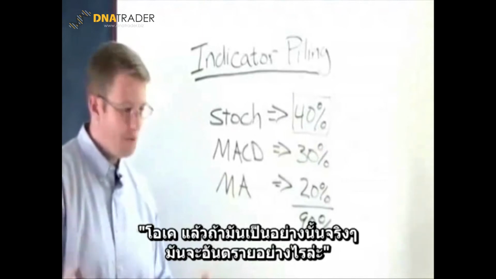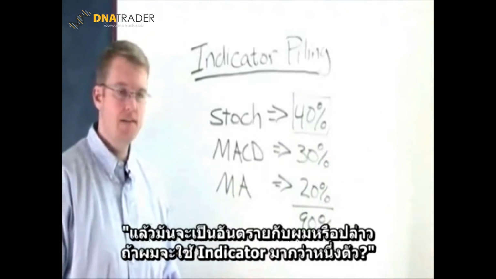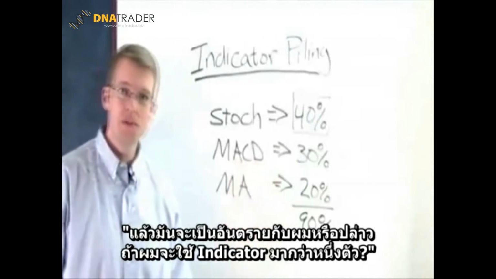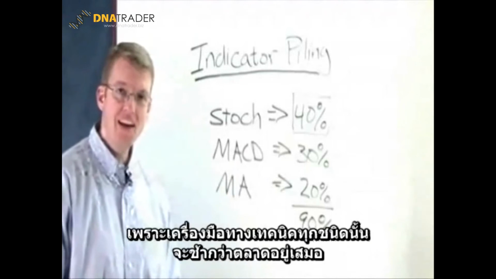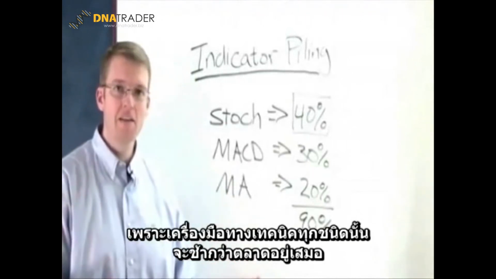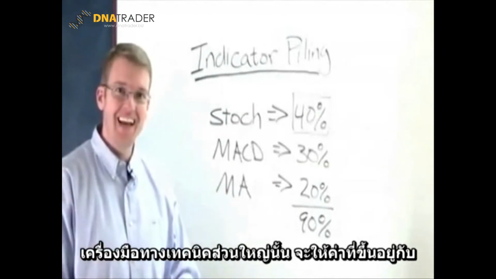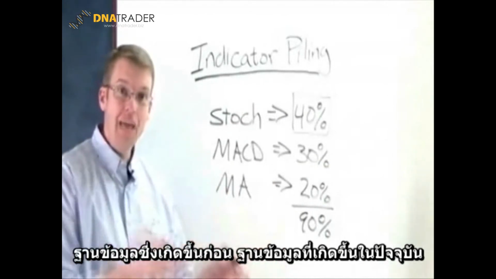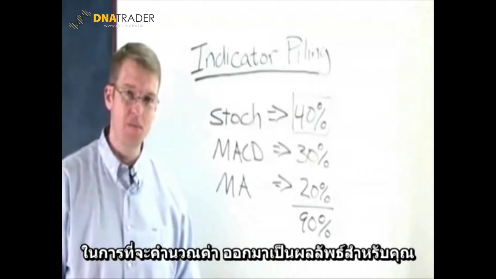Now, you may say, well, okay, so what's the harm then? Whether it's a fallacy or not, does this hurt me in any way to use more than one technical indicator? Well, actually it does. Here's the problem. Technical indicators of all kinds lag the market because we use past data. The technical indicator relies on the data that came before the present time to deliver whatever results it's delivering to you.